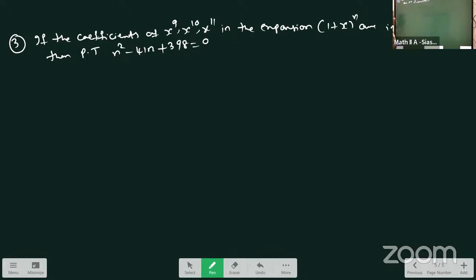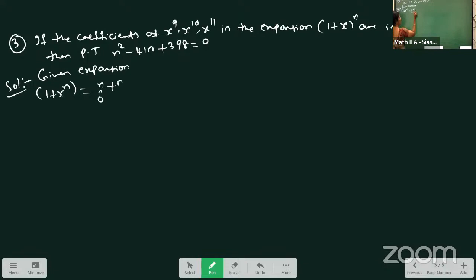Here again, what condition is given? The three coefficients x power 9, x power 10, x power 11 are in AP. So based on this concept, we have to go again. Given expansion is (1 plus x) whole to the power n. If we expand this, what do we get?